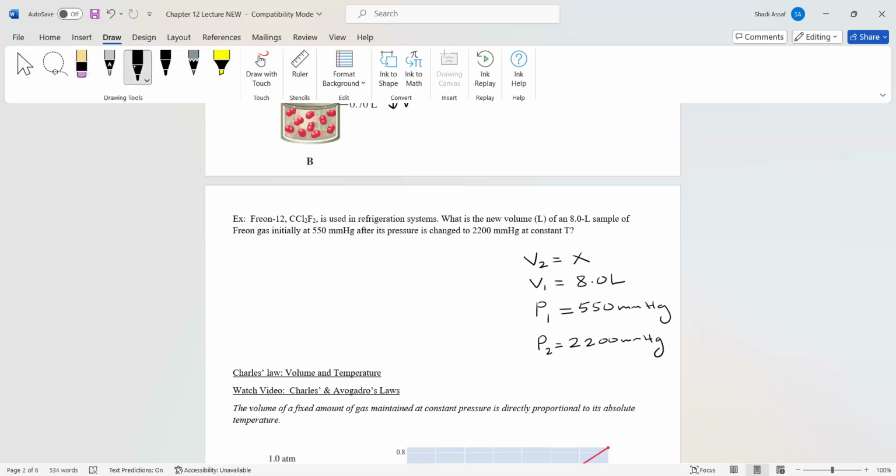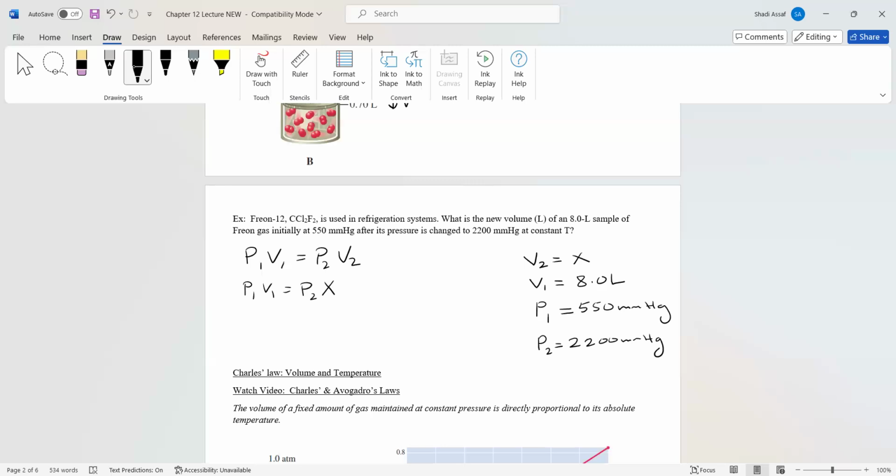Let us write down the equation. P1 V1 equals P2 V2. What are we solving for? We're solving for V2 right here. So we're going to make this X. So we're going to say P1 V1 equals P2 X, which is V2.